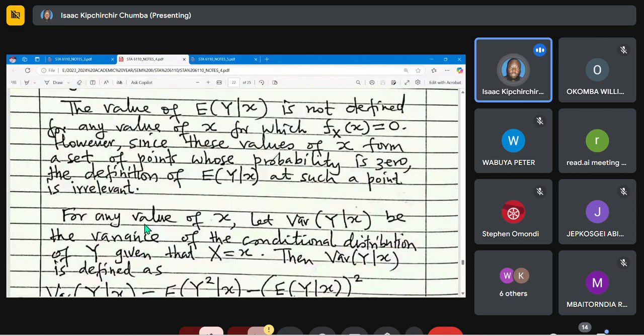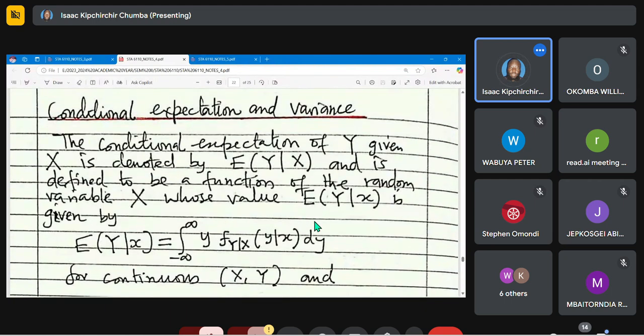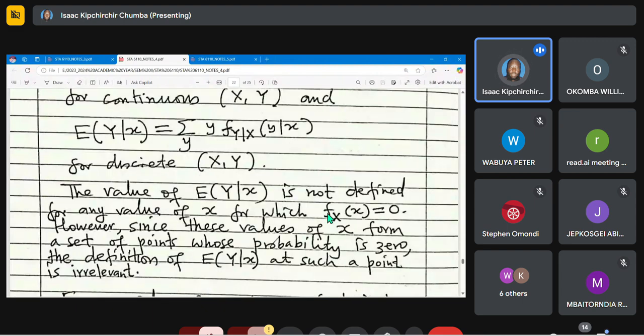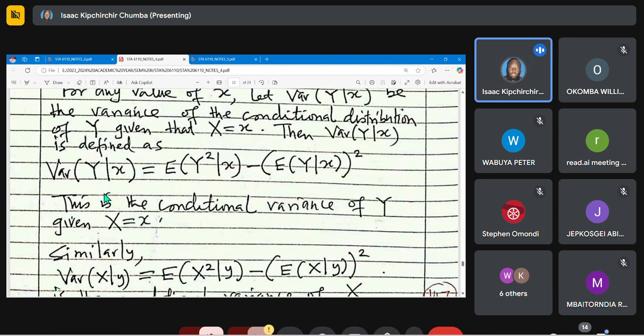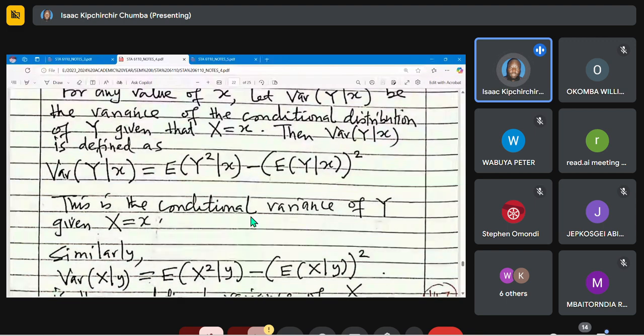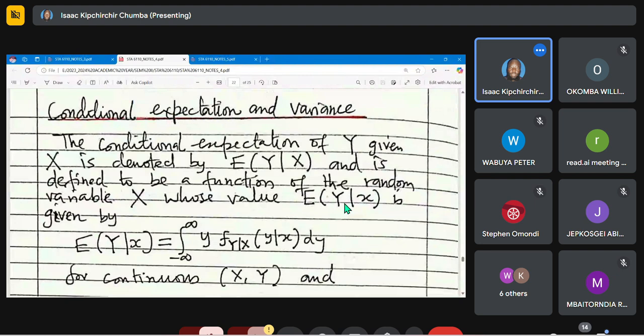The way you are calling it here, the mean of y given x. So the notation again is just the same story. Var of y given x is the conditional variance. The expectation of y given x is the conditional expectation. When you talk of conditional expectation, it is just like saying the conditional mean, because the expectation of x can also be called the mean of x.